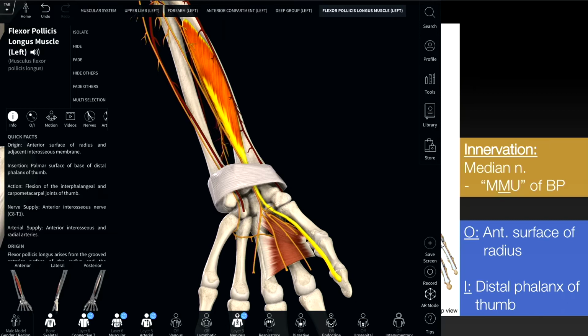Now looking at the left hand, you can imagine Flexor Digitorum Superficialis would be right over top. It would originate just on this superior border and then travel down superficial to this muscle through the flexor retinaculum and insert on the digits. It would be right on top of the Flexor Pollicis.